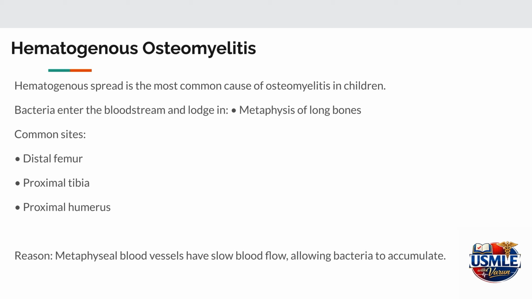We have to identify these signs when looking at a child. So in a child presenting with fever, bone pain, and difficulty bearing weight, hematogenous osteomyelitis of the metaphysis should be strongly considered.